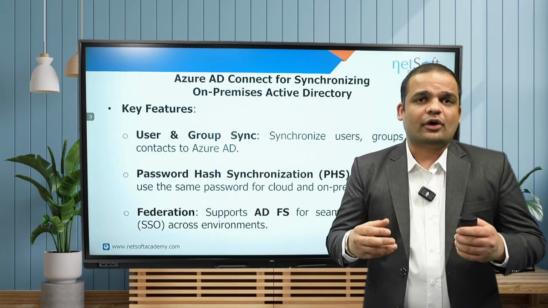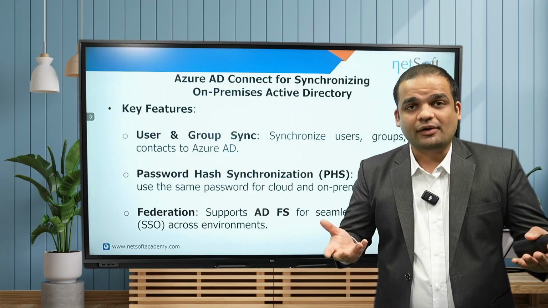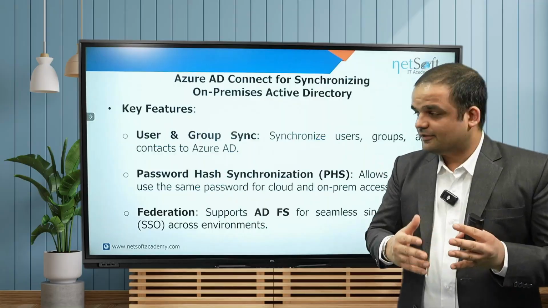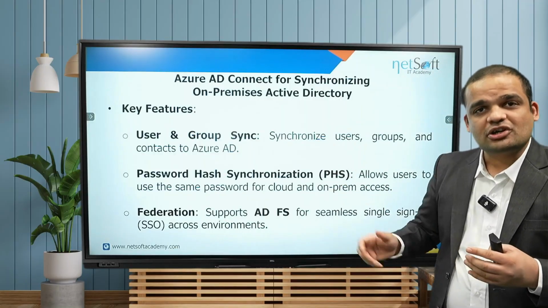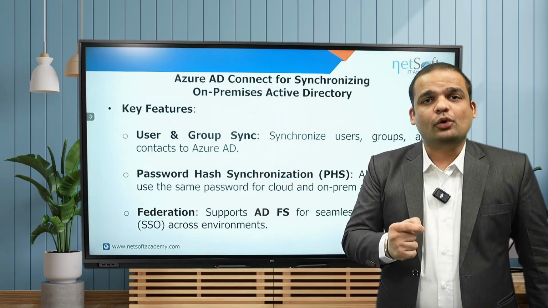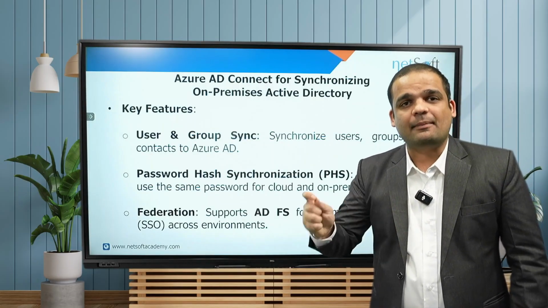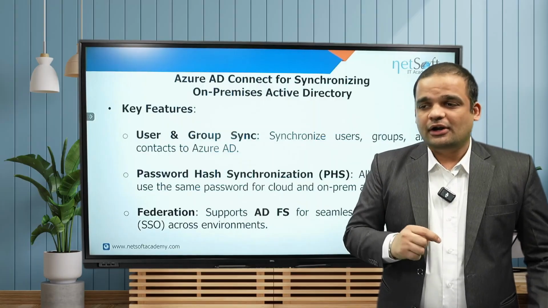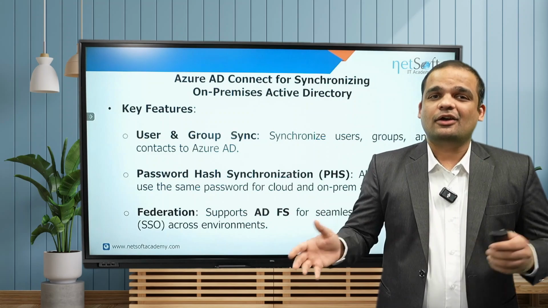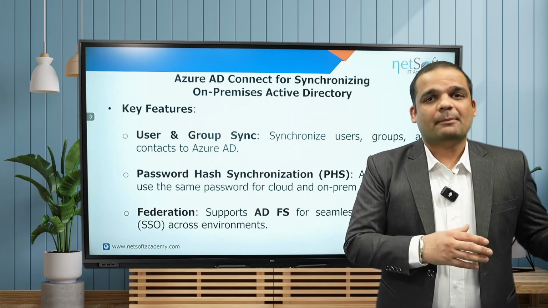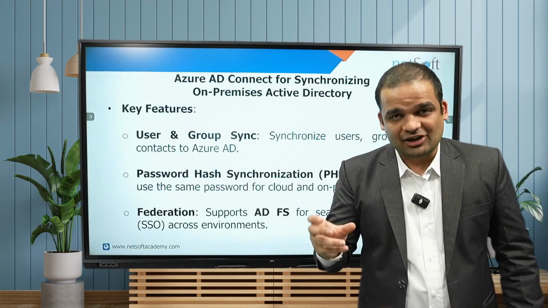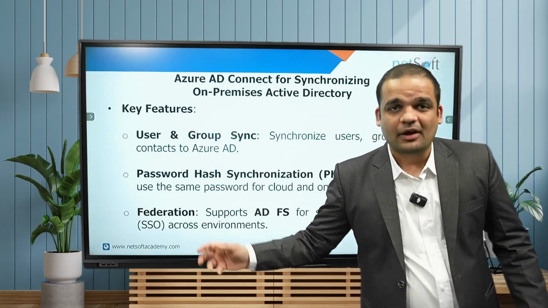Now, you can also enable or disable if you don't want it, but the service is there. The service is called PHS, Password Hash Synchronization. With PHS, users can use the same password to ensure that they have access both on-prem and for cloud resources, providing a seamless experience. Here, the password hashes are also synced from on-prem to Azure.